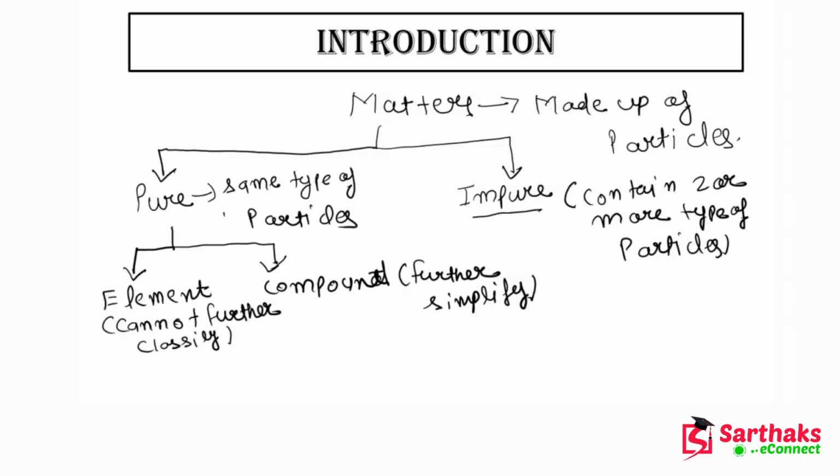If I talk about compounds, then H2O is a compound, and CO2 is another compound. Water and carbon dioxide, although these are pure matter, can be further classified into the hydrogen element and the oxygen element.